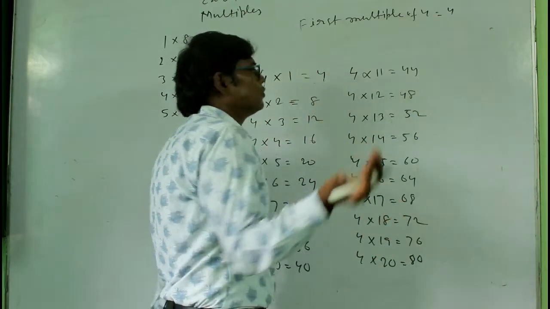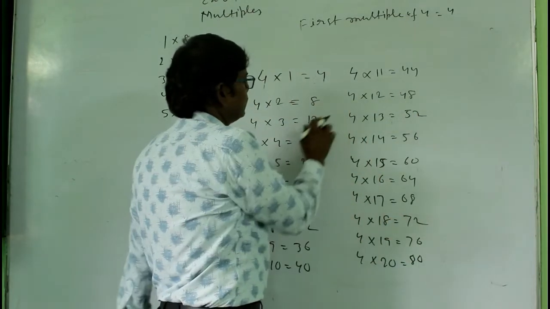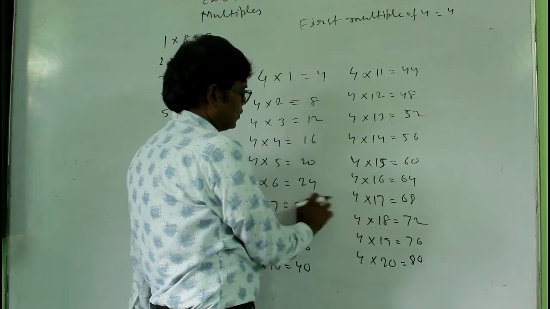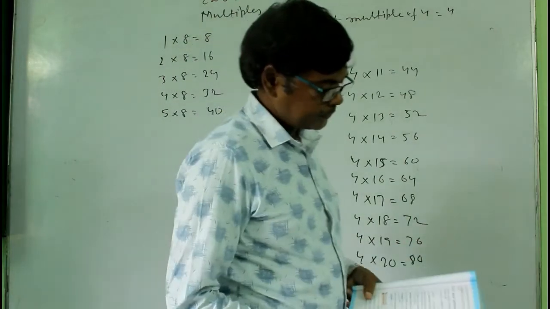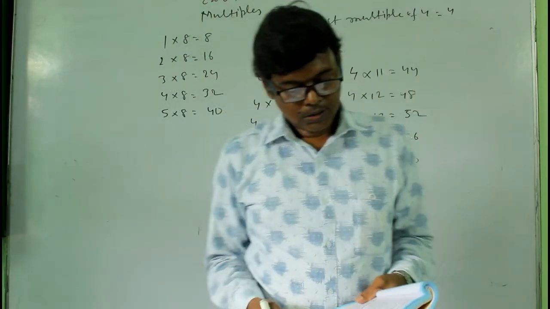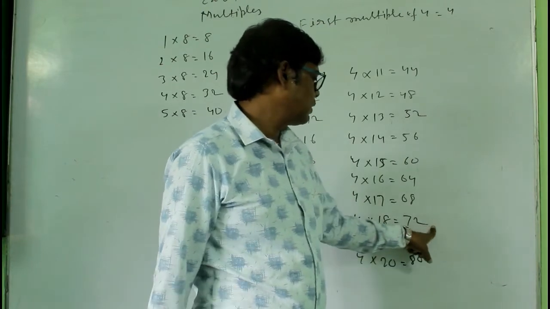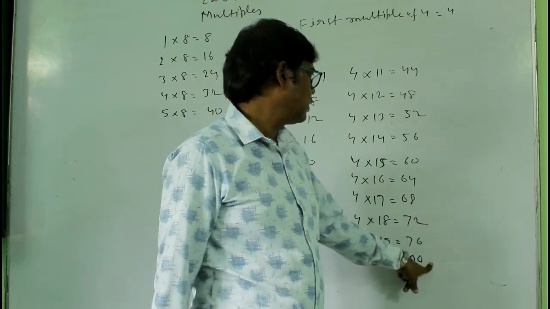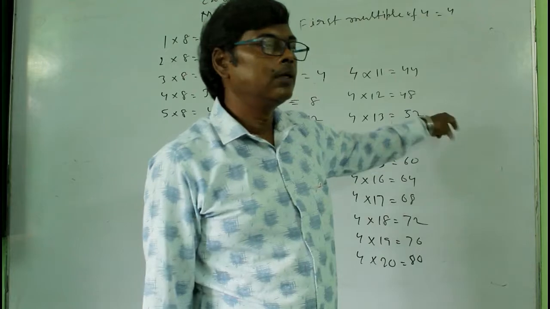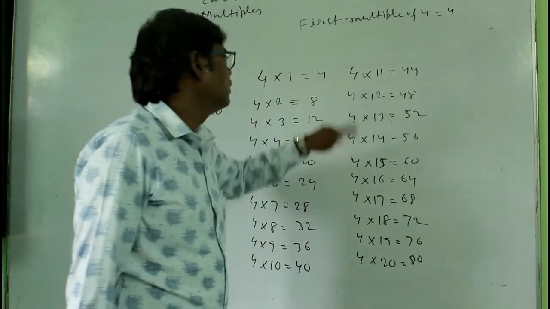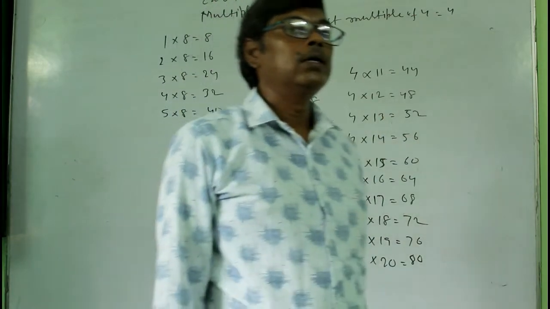The other multiples will be the second multiple, third multiple, 5th, 6th, and so on. So this is the 18th multiple, this is the 20th multiple, this is the 13th multiple, and this is the first multiple. The first multiple is the number itself.